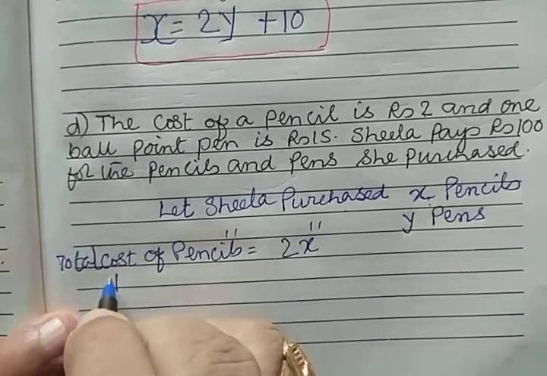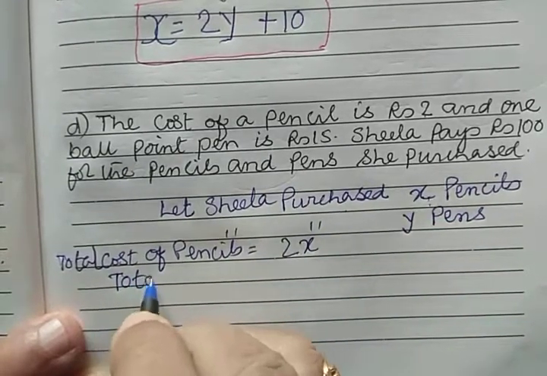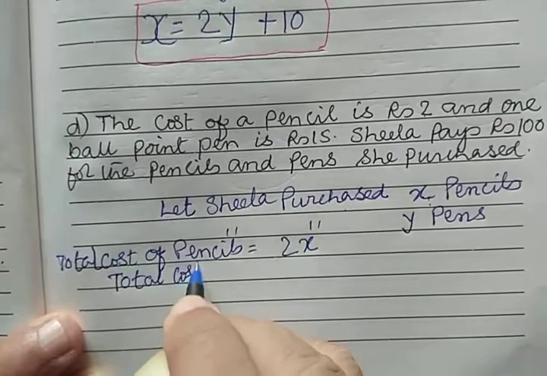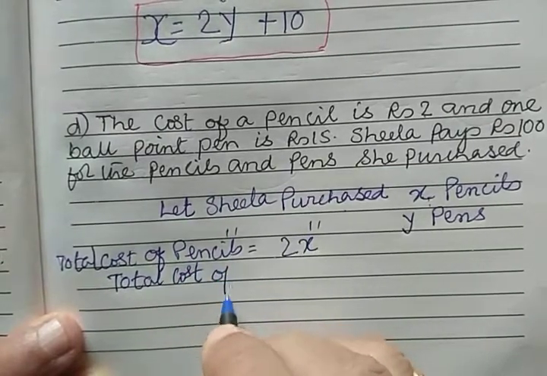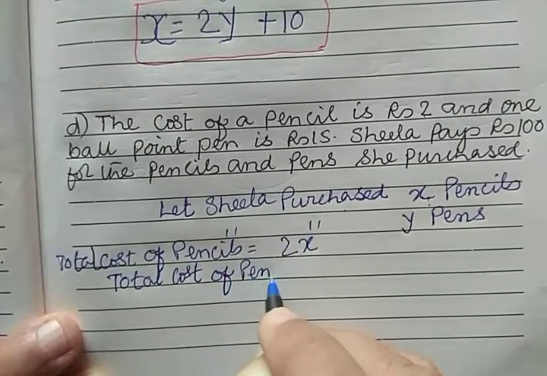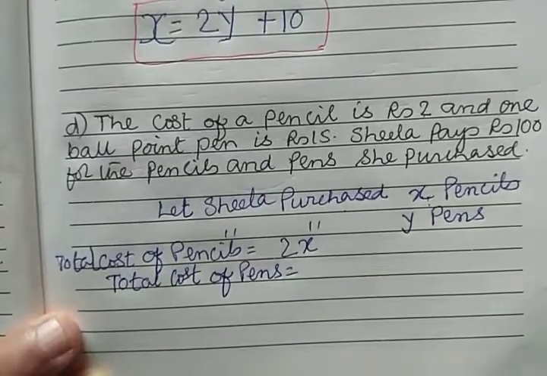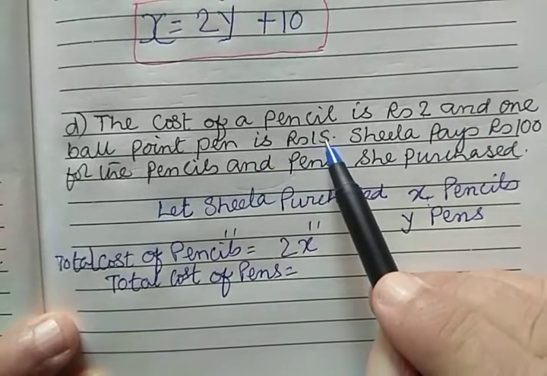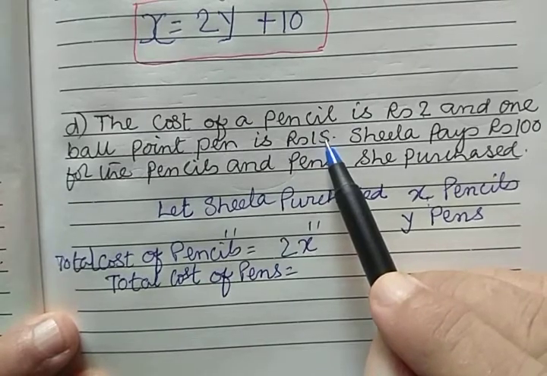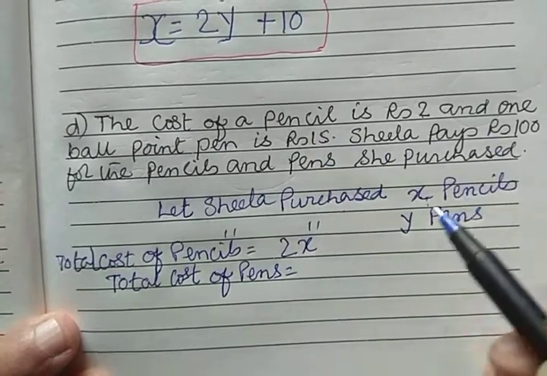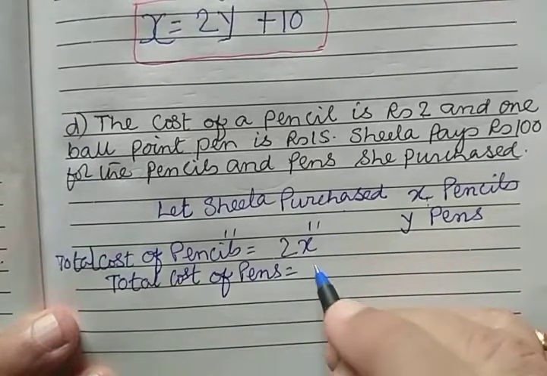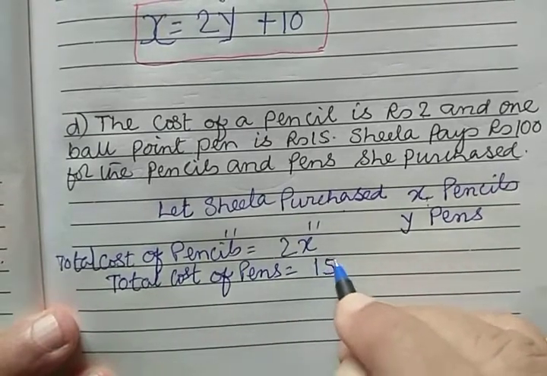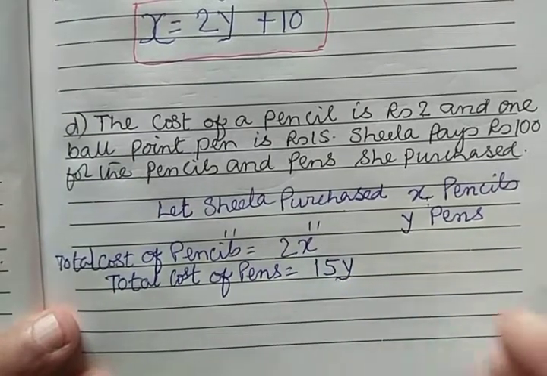In the same way, the total cost of pens is equal to, each pen costs 15 rupees, how many pens did she purchase? y. So 15y.